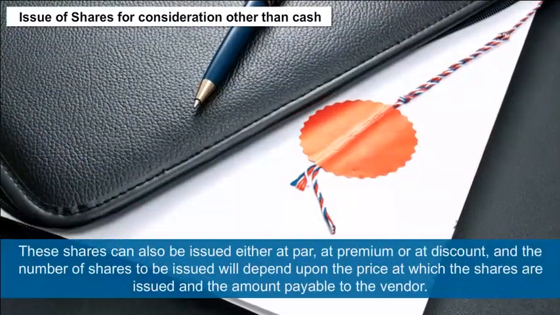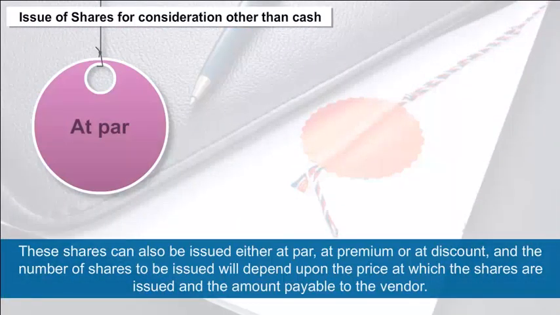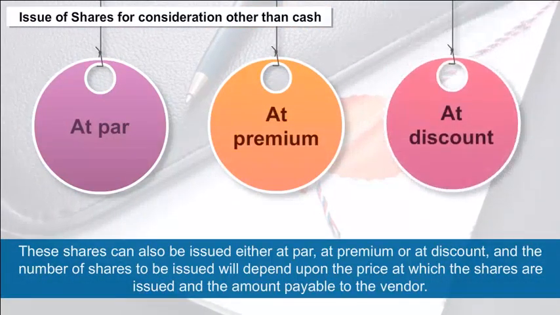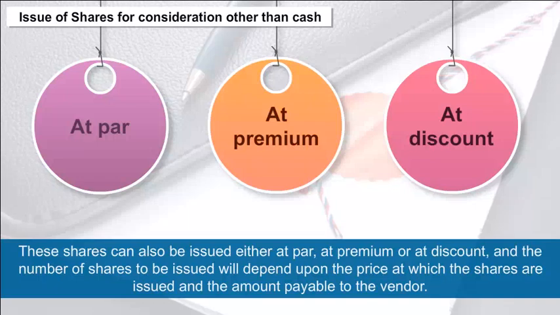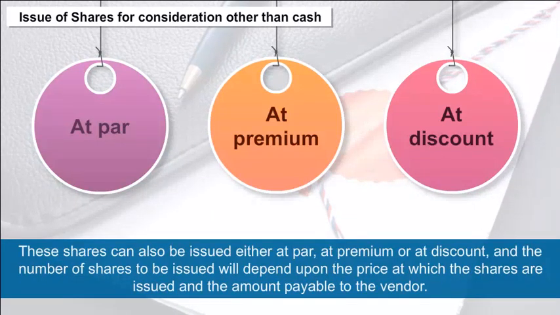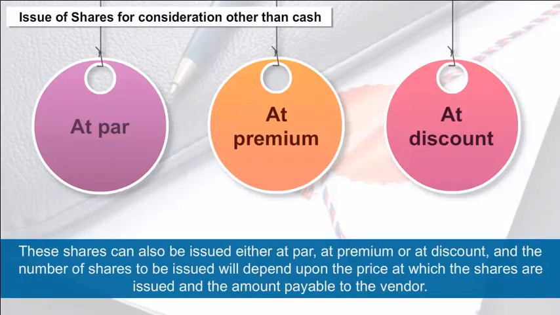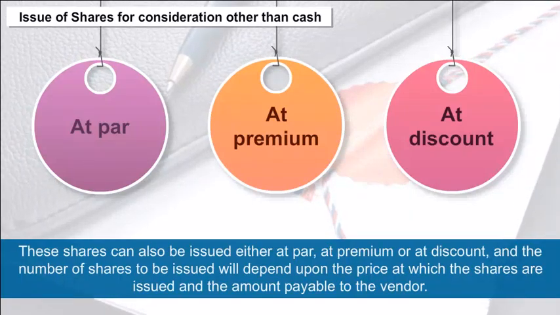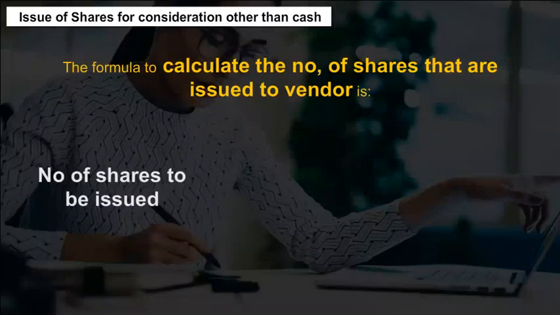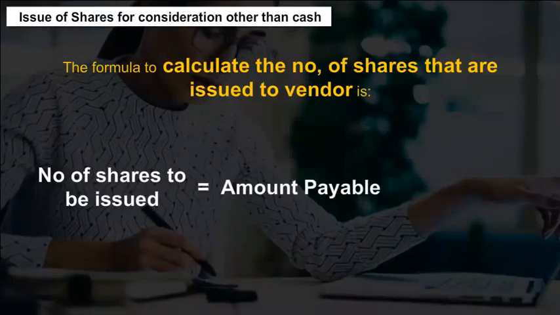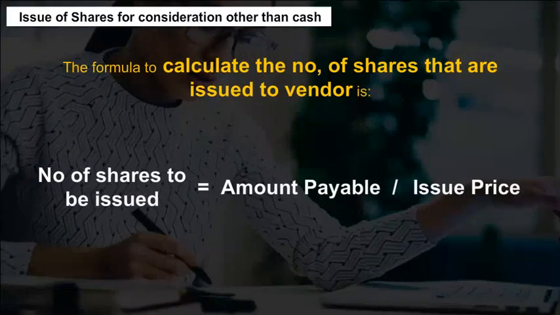These shares can also be issued either at par, at premium, or at discount, and the number of shares to be issued will depend upon the price at which the shares are issued and the amount payable to the vendor. The formula to calculate the number of shares that are issued to the vendor is given here.